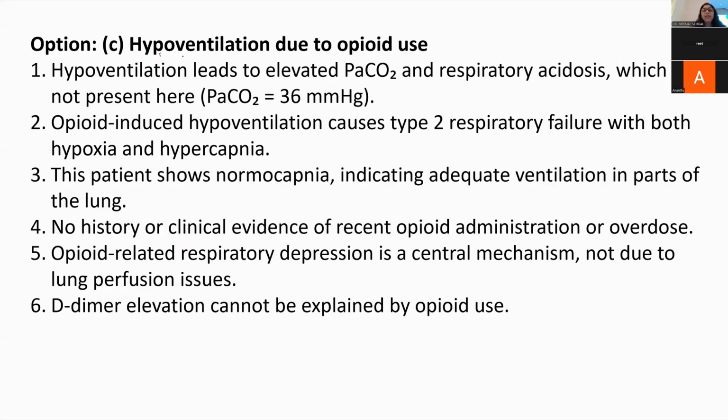Now, hypoventilation. Hypoventilation will cause hypercapnia and respiratory acidosis, which is not here. Here, the PaO2 is normal. Opioid-induced hypoventilation causes type 2 respiratory failure with both hypoxia and hypercapnia.